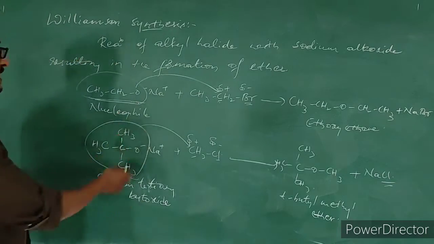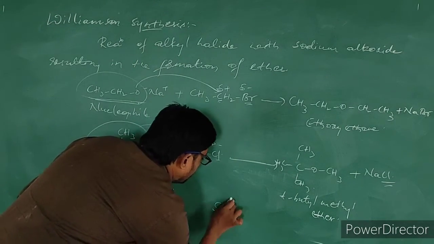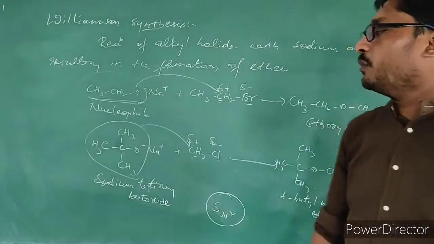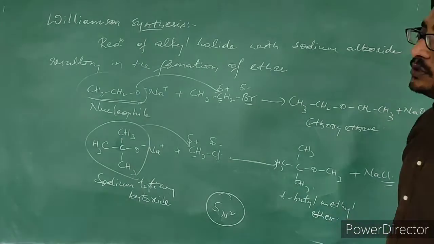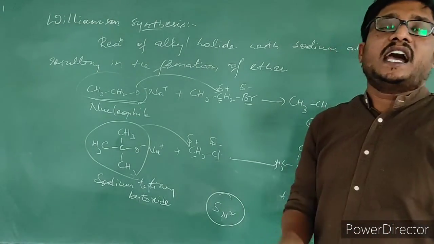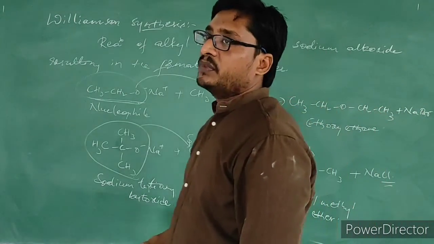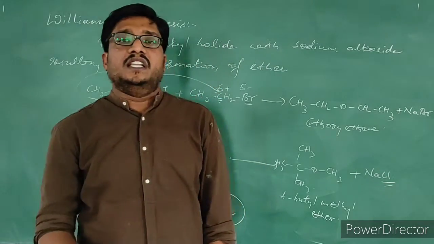If you see these reactions, they are taking place by SN2 mechanism. Substitution bimolecular nucleophilic reaction. In case of SN2, you know that the alkyl halide should be primary. Why should the alkyl halide be primary? Because of steric hindrance, which should be less.